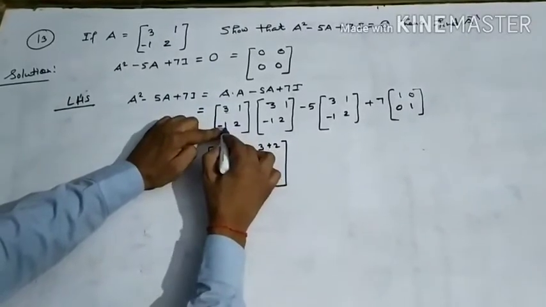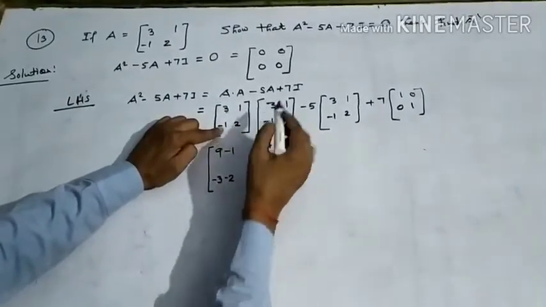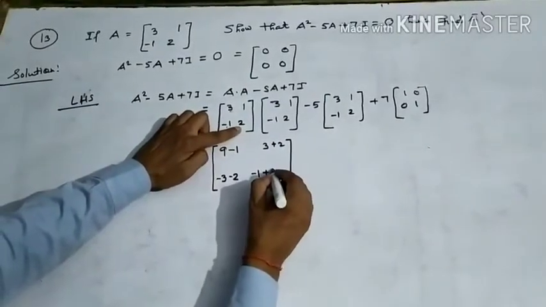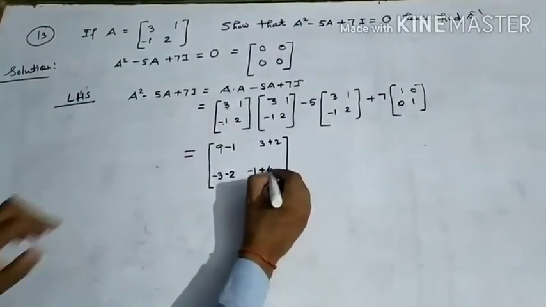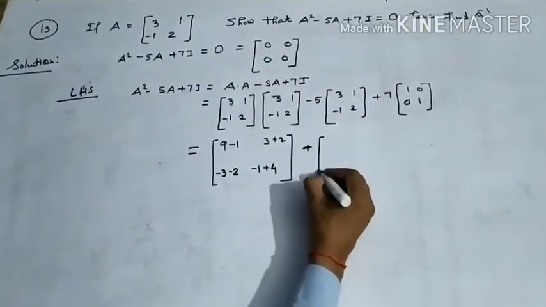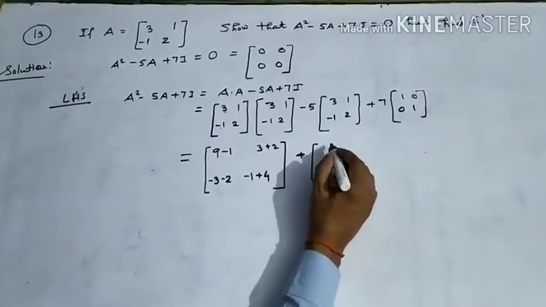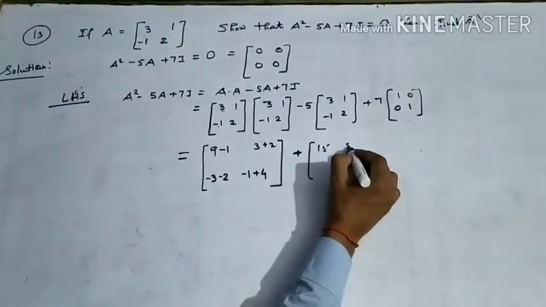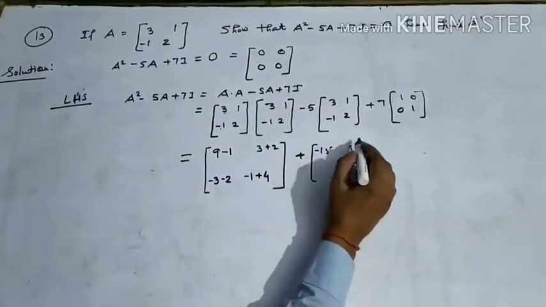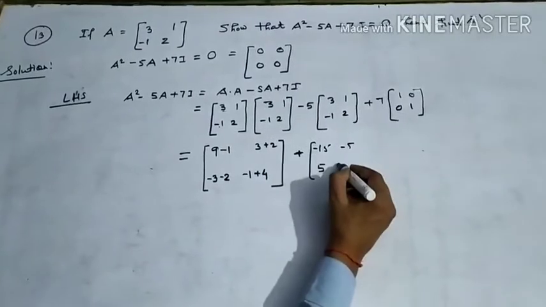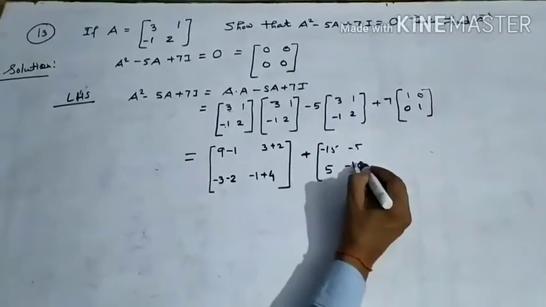Then second row and second column: minus 1 into 1 is minus 1, and plus 2 into 2 is 4. So here plus you have to make, and then minus 5 inside you have to multiply. So this is minus 15, minus 5, 5, and minus 10.